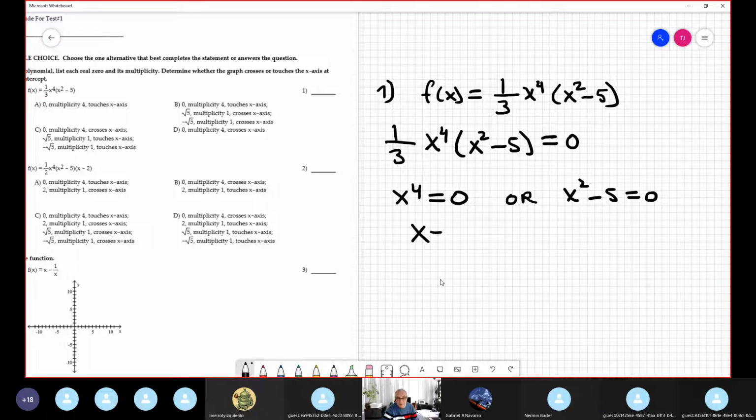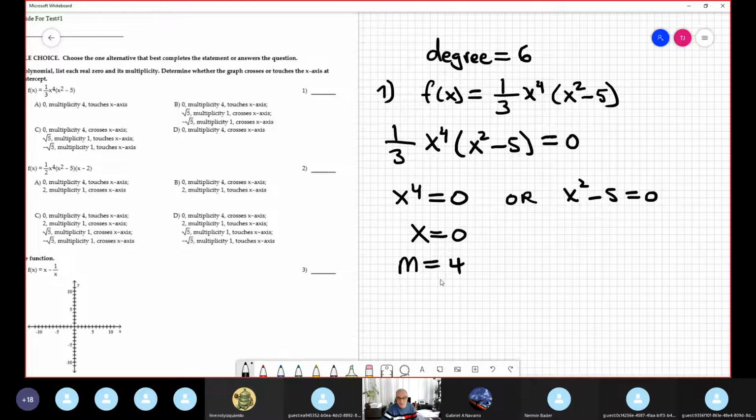Now it's obvious x equals 0, with multiplicity 4. That means the degree of this polynomial is 6, because 4 and 2. If you FOIL this, multiply and distribute, the highest exponent is 6, so we have in total 6 zeros.